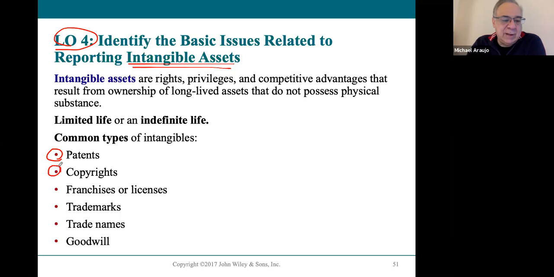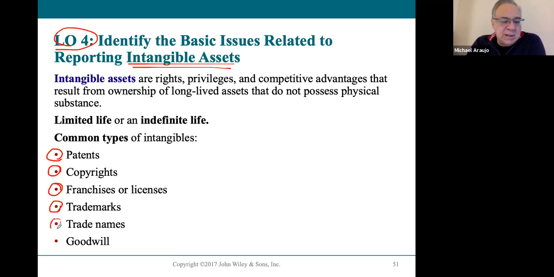So they'll have copyrights on that. Sometimes they actually have things that they can license or sell to others in the form of a franchise. A lot of companies have various trademarks that they own.